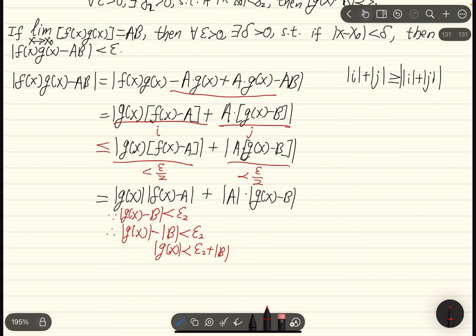Okay, and here the triangle inequality we're using is the fact that the difference between two sides is always less than or equal to the third side. So if this is i and this is j, the absolute value of i minus j is always going to be less than the third side.